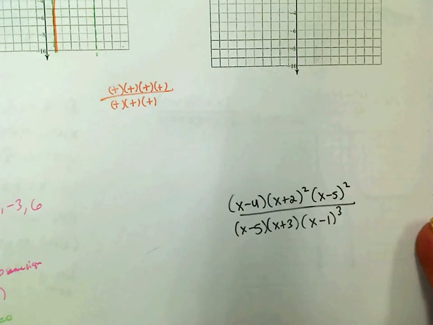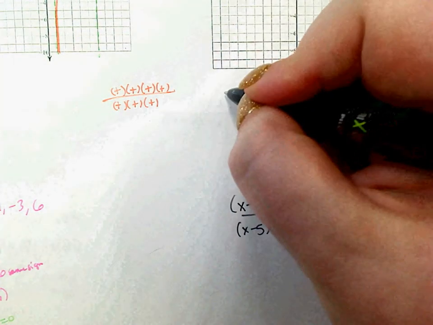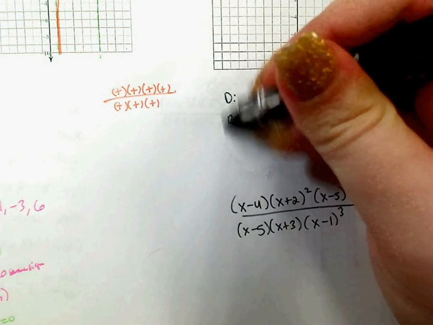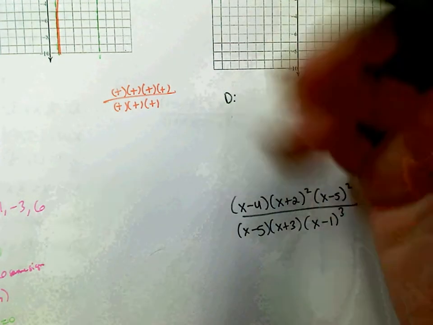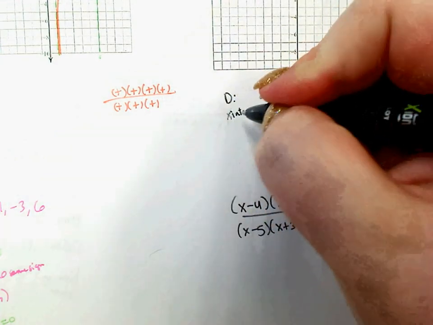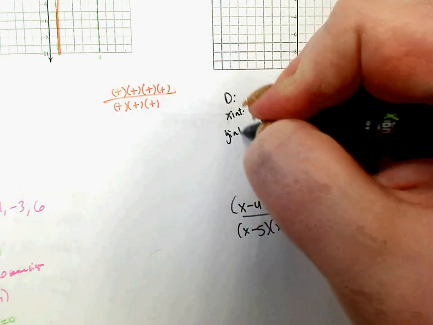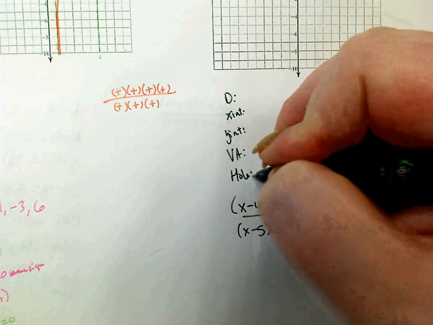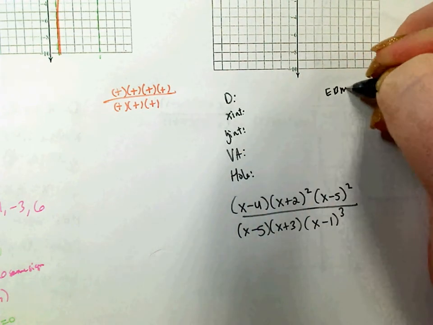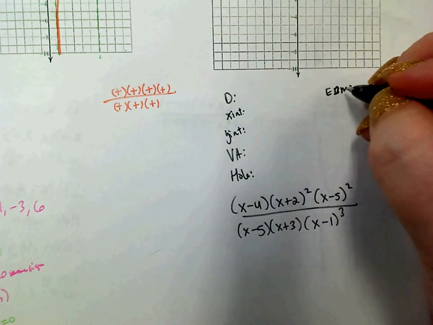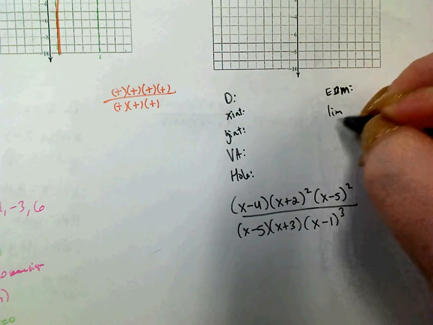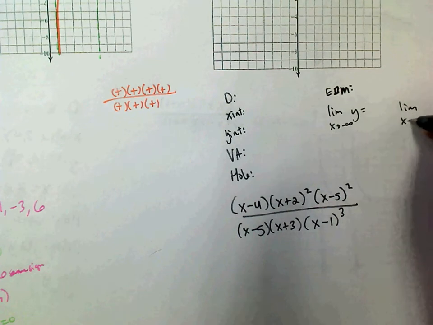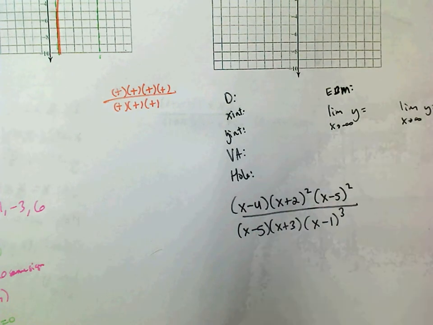Domain, that's not range. I'm not worrying about that right now. X-intercept, y-intercept, vertical asymptote, end behavior model, and the limits. The limit as x approaches negative infinity, and the limit as x approaches positive infinity. Okay. So let's start with end behavior model first.